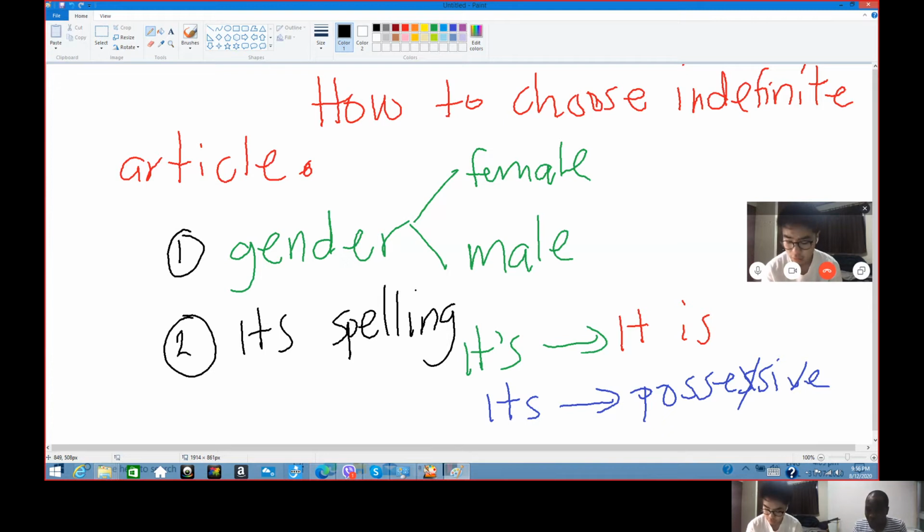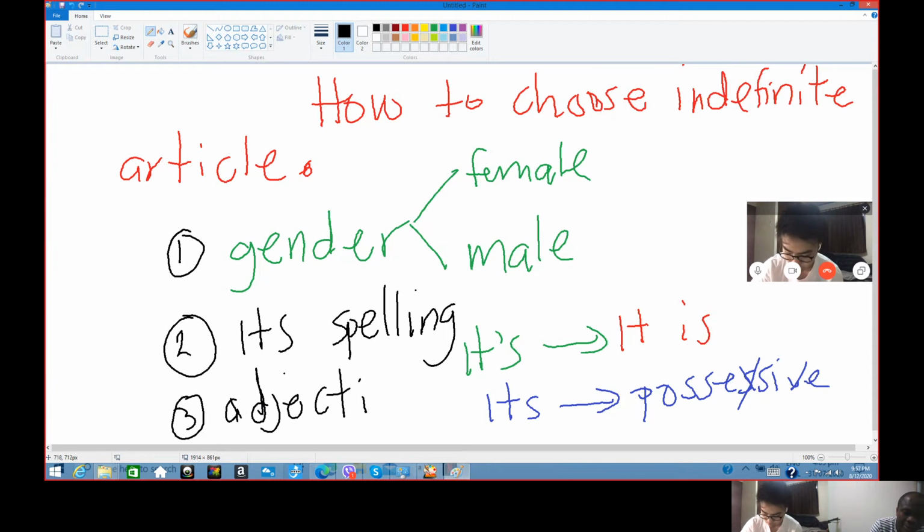So we have to think about the spelling of any adjective that comes before it. Number three is adjective, we'll talk about it later. Its spelling, gender, adjective. This is how to choose.